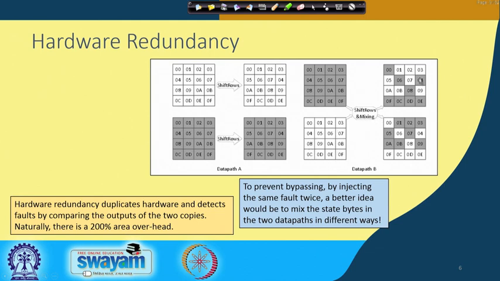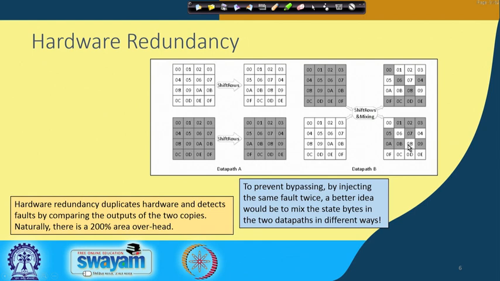As you can see, here I have mixed them: there are some white bytes taken from the below state matrix, and some dark bytes taken from the top state matrix, and I develop the top matrix as a mix of these two state matrices. Likewise, the remaining bytes, the ones not taken from here, constitute this state matrix. Then I do the usual operation.